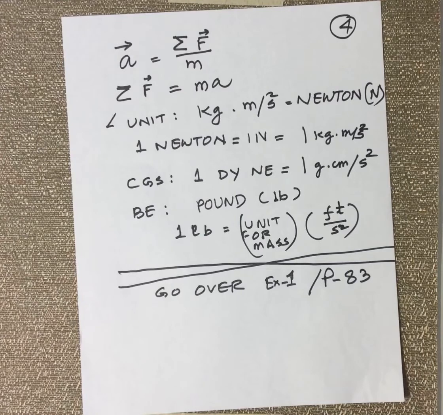In CGS it is the dyne, in the British system it is pounds. So you can go over example 1 on page 83.